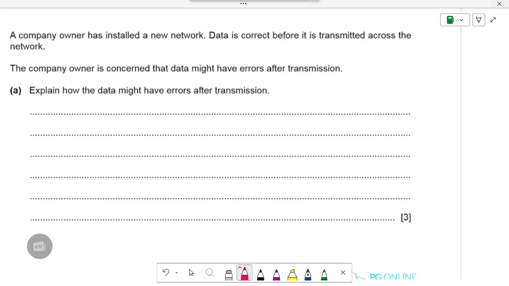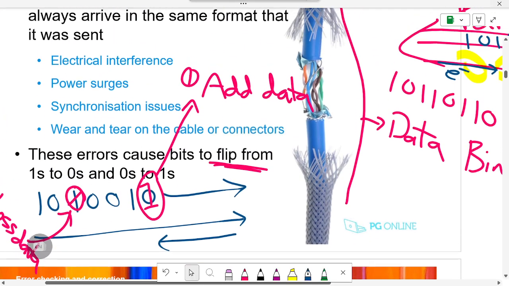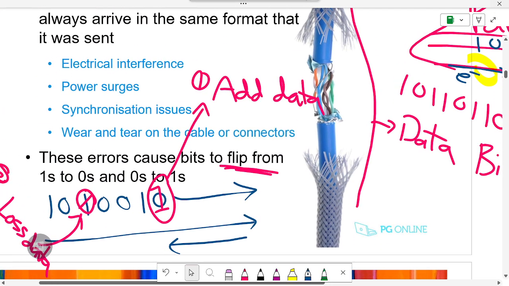Yeah, we could have an added error when 0 becomes a 1. Why does this happen there, Yuna? When can this happen?